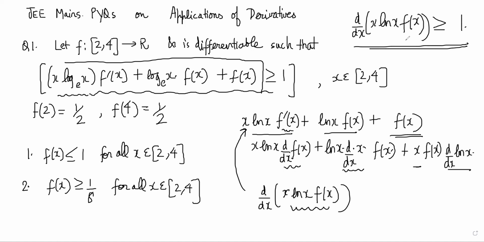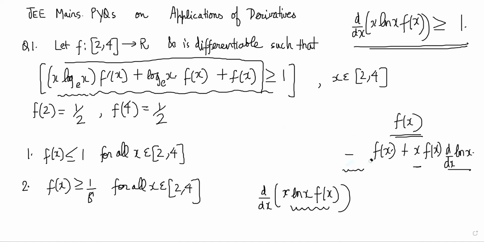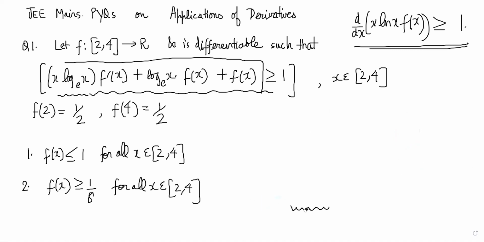Now, how do we analyze that? Directly you can't do much here, but you can say one thing. Integrating both sides. Basically you can say that this 1 can be written as d/dx of x, right? Yes, sir. And then you have derivative of this is greater than derivative of this.